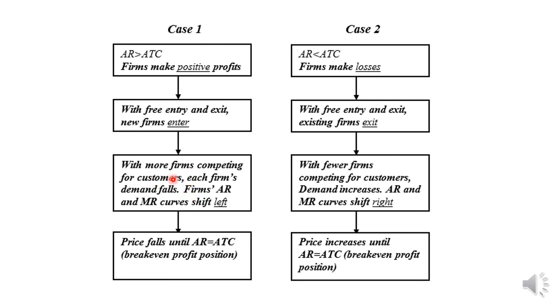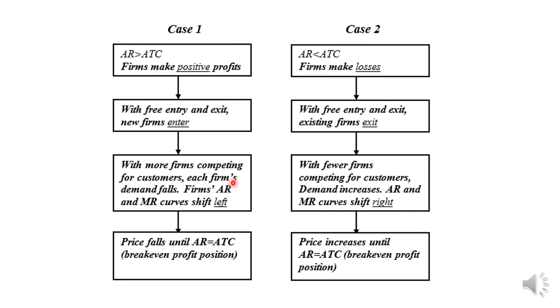There's more supply of the goods in the market, so each firm's demand will begin to fall. The firm's demand curve will shift left. You don't have to show this on the diagram; we are just following it theoretically. Imagine that you have less business. Obviously, price is going to fall until you reach the break-even level.